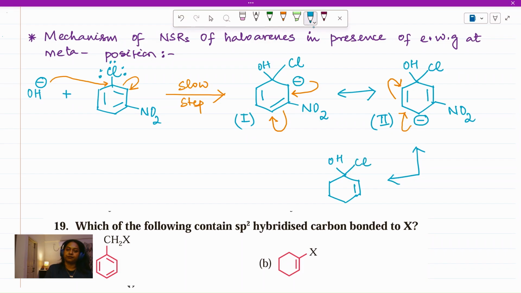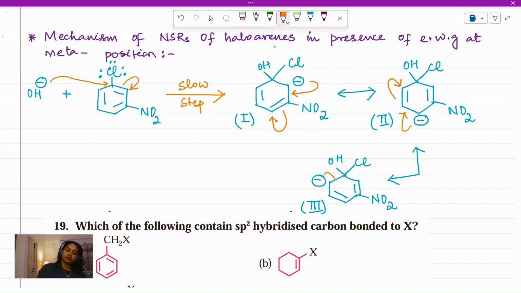This double bond was there before. This is a newly formed double bond. This is a newly formed negative charge because we moved it here. And the NO2 group was at meta position. Resonating structure number 3. All good? You're following, Gaurav? Yes.